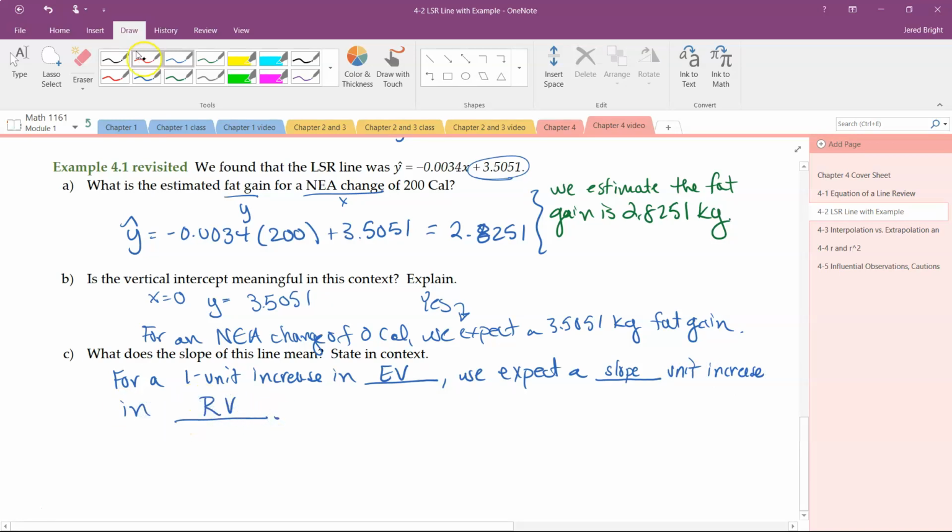And certainly if you have the units, you can include those. So this is the general.